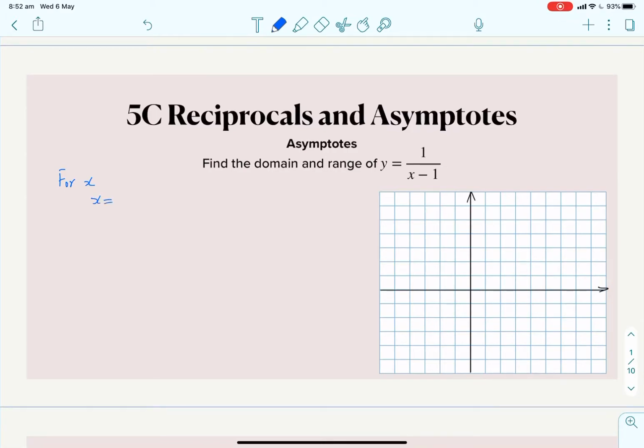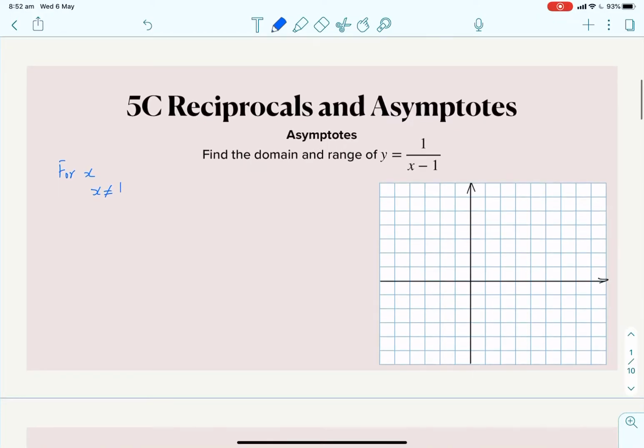So x minus 1 can't be 0, so x can't be 1. So this is an asymptote. We just don't have a value for x equals 1.